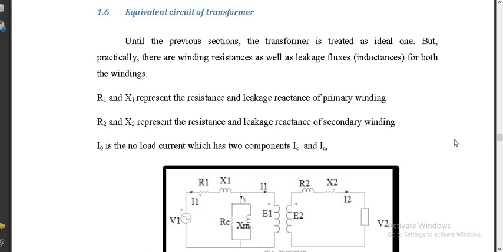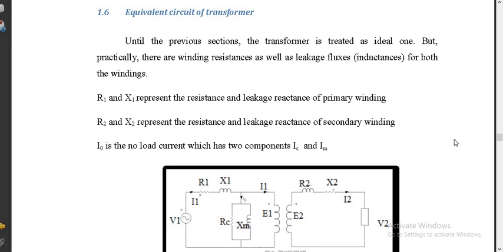So to show that, I'll have to show one more branch for primary, and that will be I0, so that by KCL I can say I1 is equal to I0 plus I1 dash. And when I say no load current, it has again two components. One is the core loss component and another is the magnetizing component.